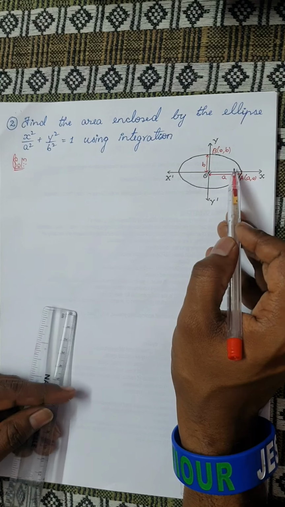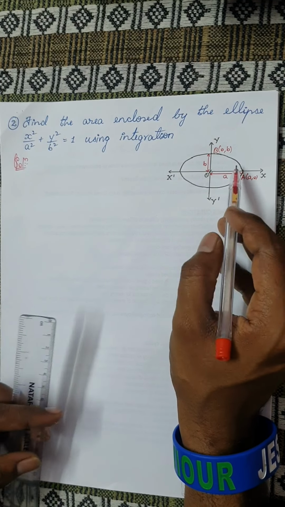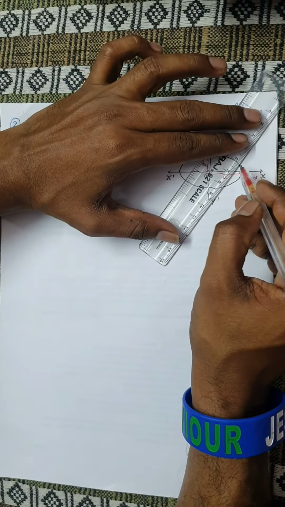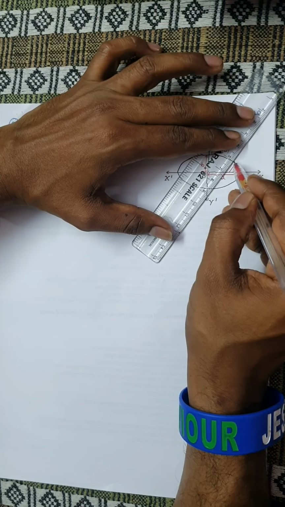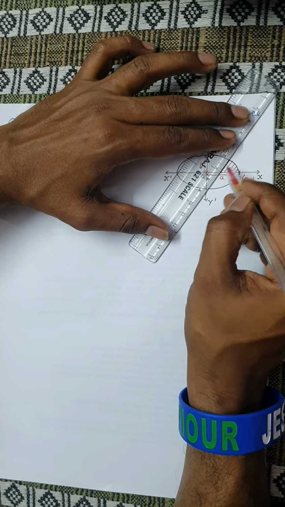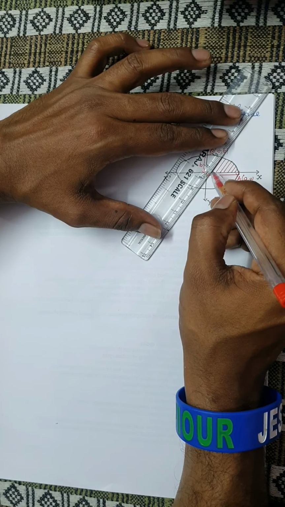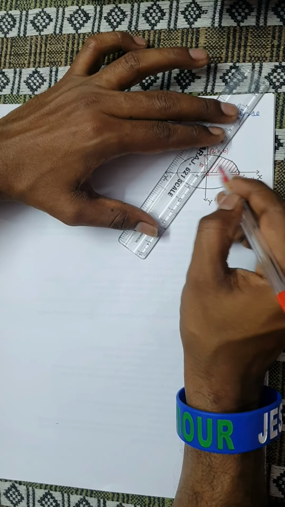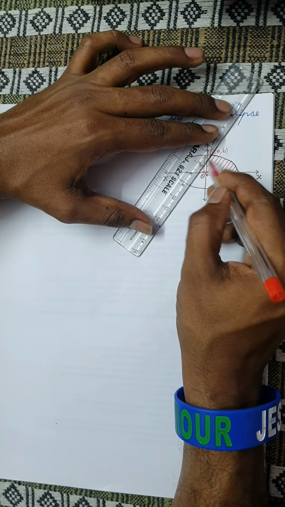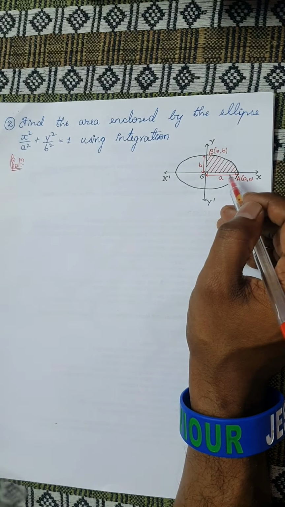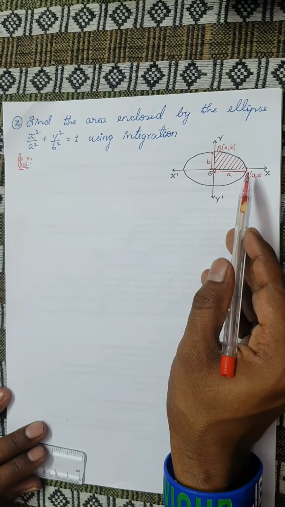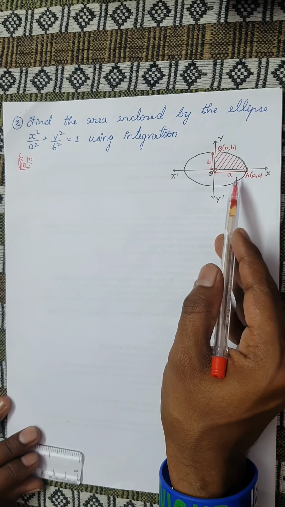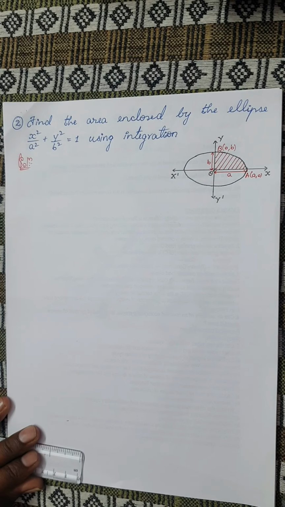The curve is symmetrical about the coordinate axes. So if I want the area enclosed by the entire ellipse, I'm just going to find the area enclosed by it in the first quadrant and take it 4 times. Is it clear? Whatever the shaded region is, if I consider 4 times that area, I will get back the area enclosed by the full ellipse. Right, so in a similar pattern, we are going to approach this question.